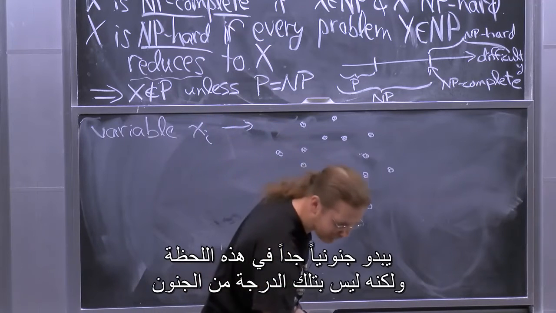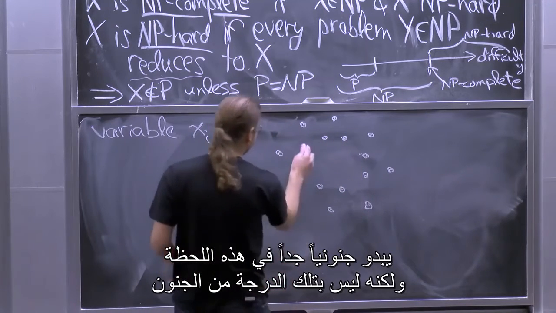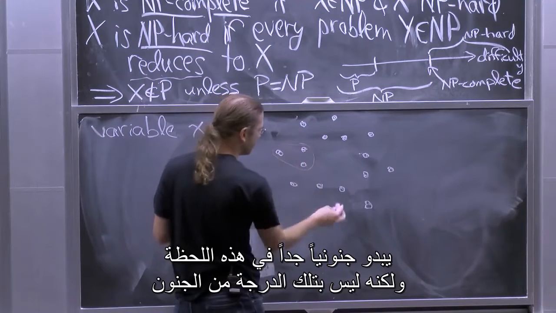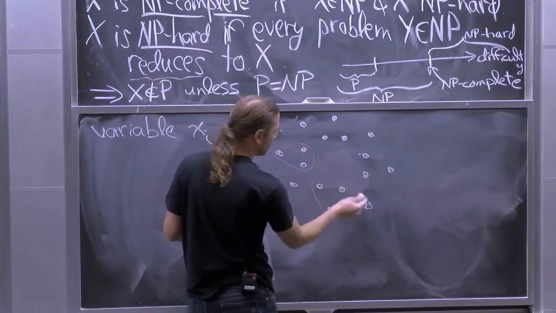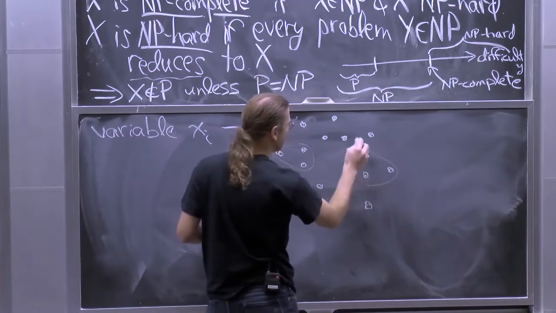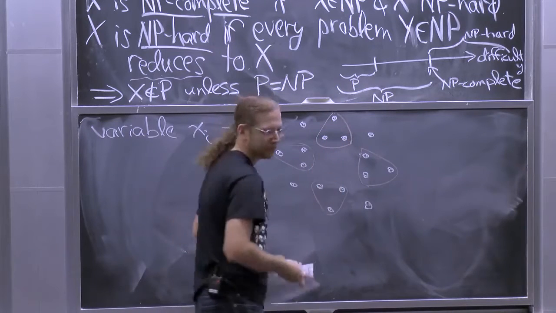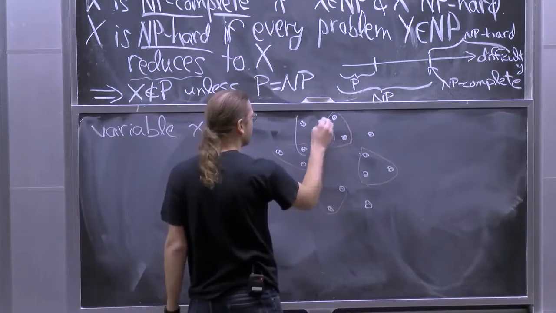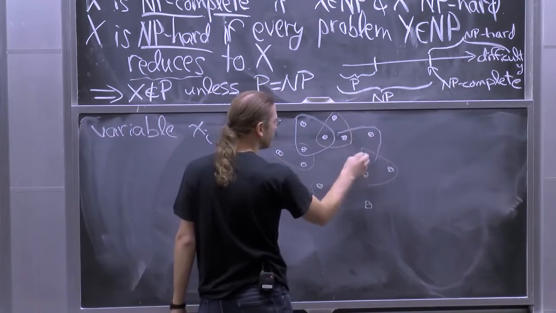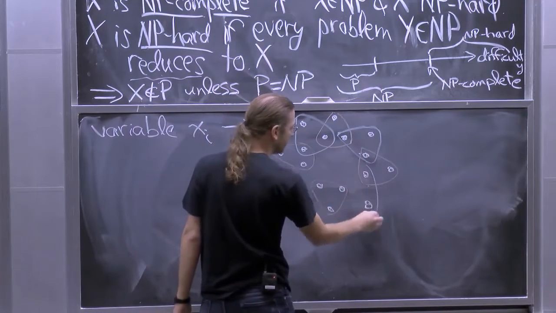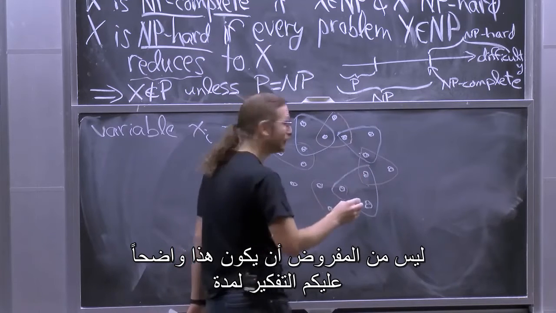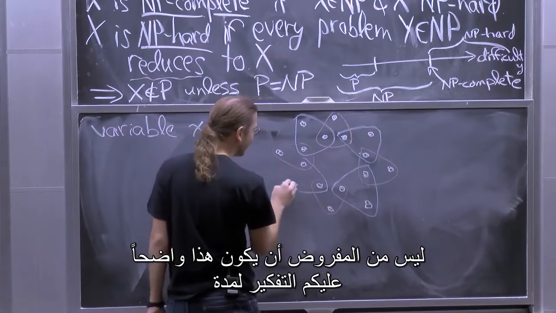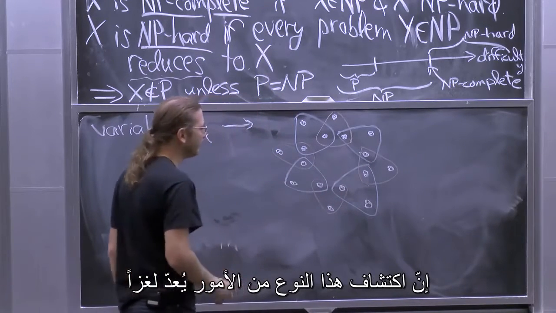Looks pretty crazy at the moment, but it's not so crazy. This is not supposed to be obvious. You have to think for a while. It's a puzzle to figure out this kind of thing.